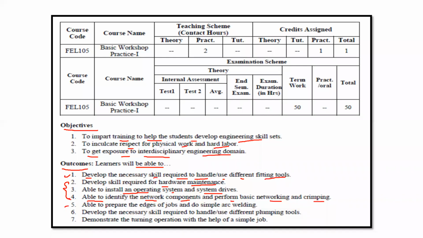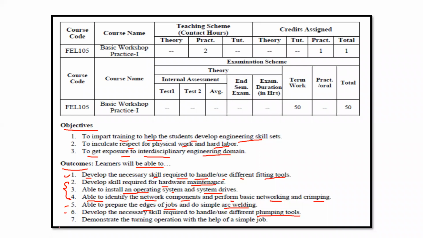Then fifth, able to prepare the edge of jobs and do simple arc welding. This is related to the welding workshop. Sixth is to develop the necessary skill required to handle different plumbing tools. In the plumbing workshop, you will learn how to connect the pipes and different couplings.